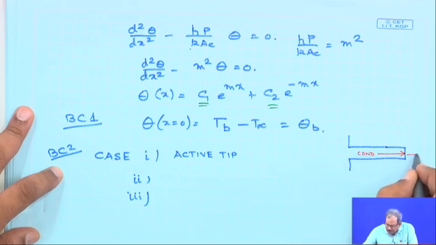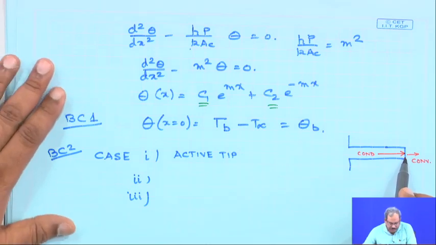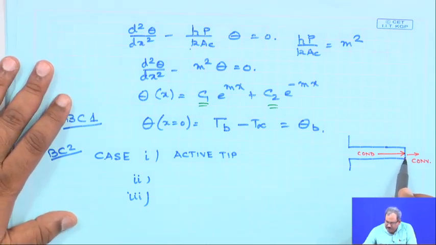The heat that goes out of it is by convection. In order to maintain steady state, the conductive flow of heat up to this point must be equal to the convective heat which is taken out from the tip of the fin. So, that is to maintain steady state, otherwise the temperature will change with time.